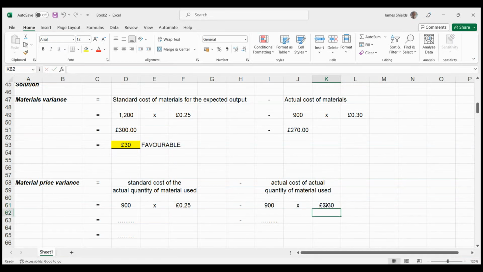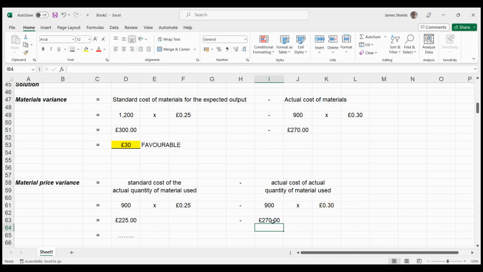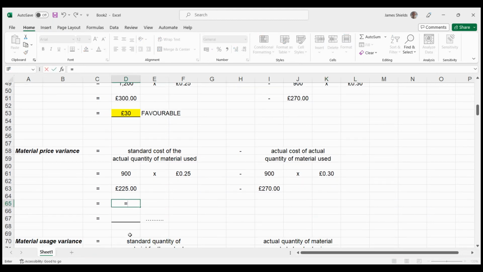Do the calculations now. So we have 900 times 0.25. We get £225. And 900 times 0.30, we get £270. So the difference there is 225, take away our 270. So the difference of £45. So that's a negative £45.